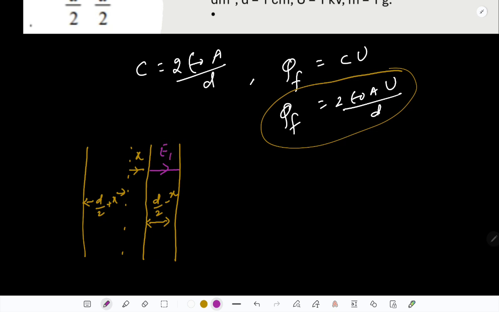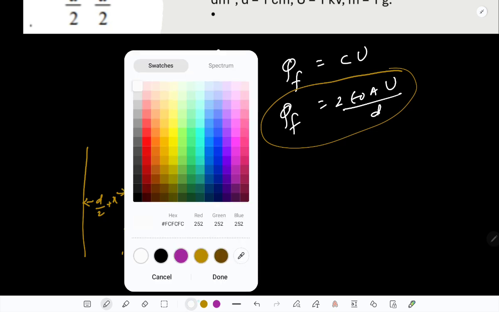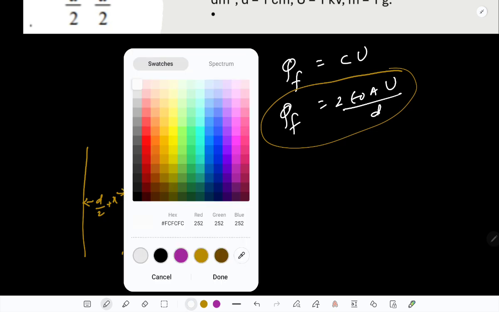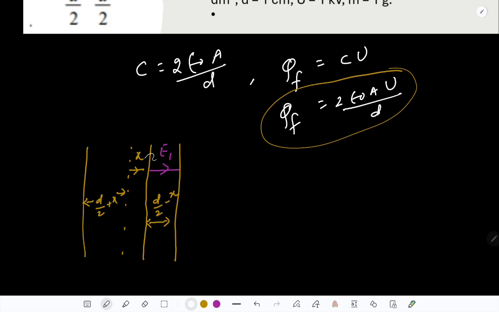Let's call this E1, and the electric field between plate 2 and metal foil will be in this direction. Let's call this E2, and it will be in this direction.